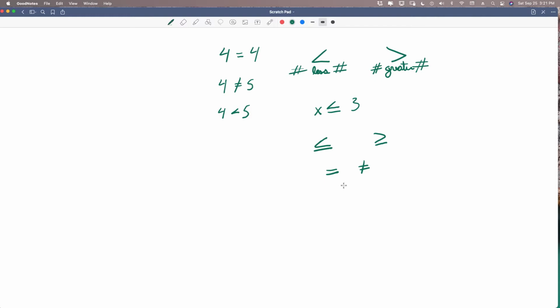So let's jump in to talking about how that applies to the number line. Sometimes we need to solve for a range of numbers. There's a range of numbers that would fit a solution set.